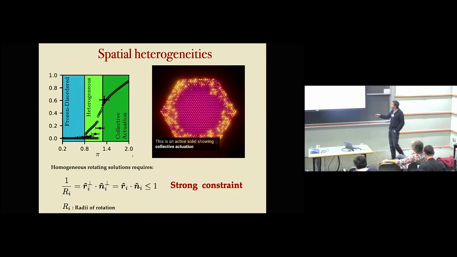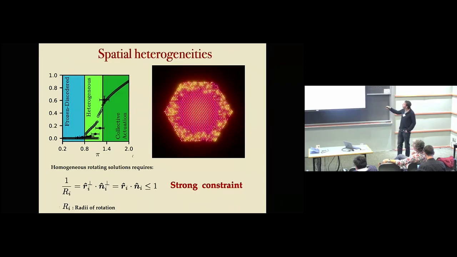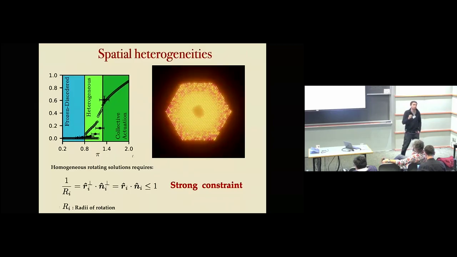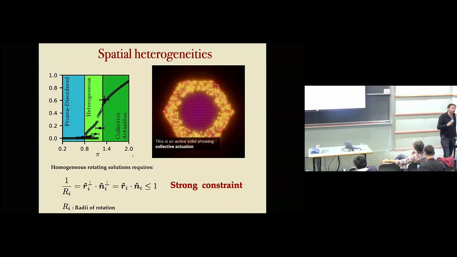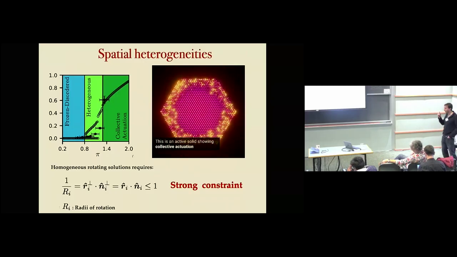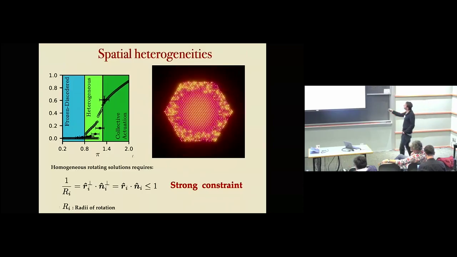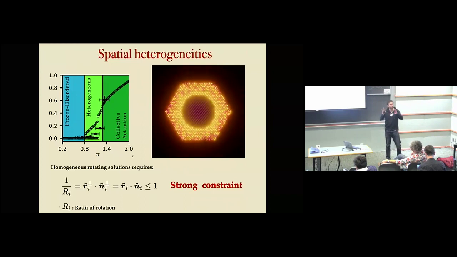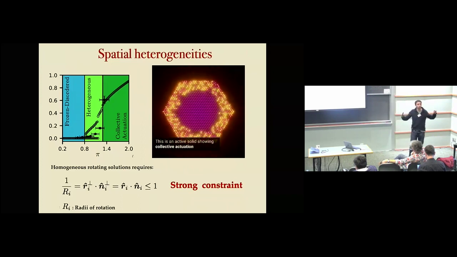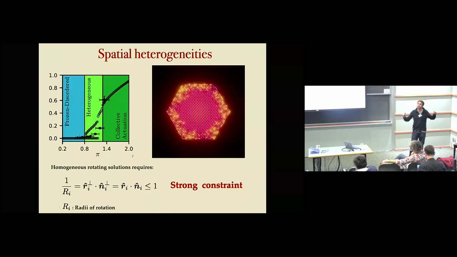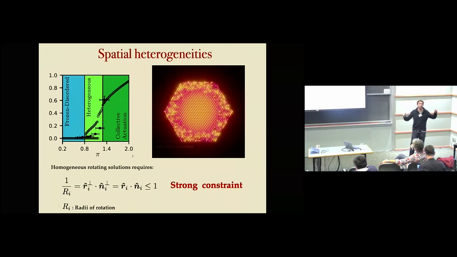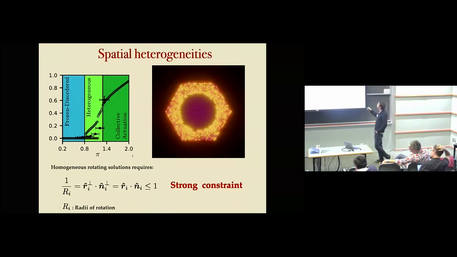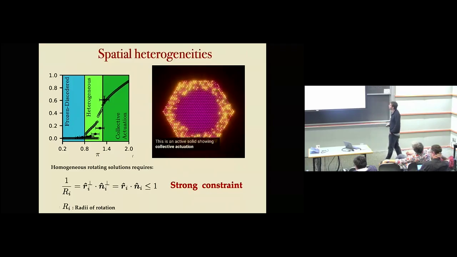That constraint creates a problem when you approach the boundaries if the amplitude of the self-propelled force is not strong enough, because in the middle they can move in some radius that is larger than 1. When you go to the boundary, you cannot reach that value because it costs too much energy, and so the particles at the boundary start to have more random or chaotic behavior.